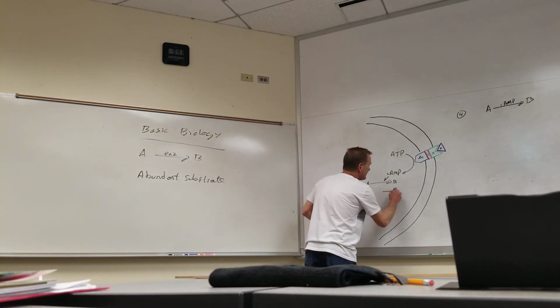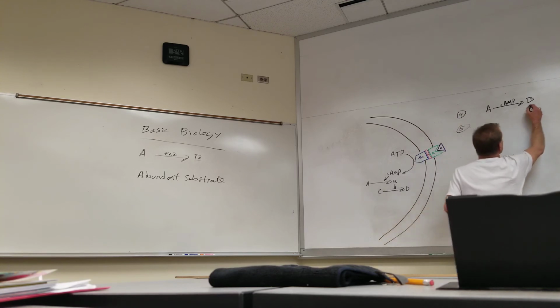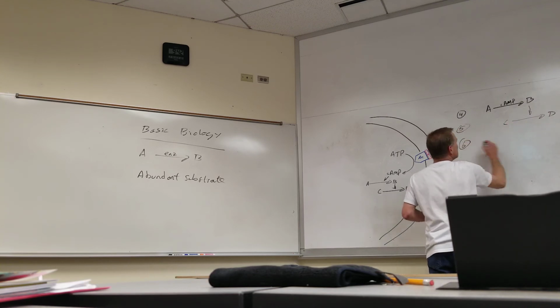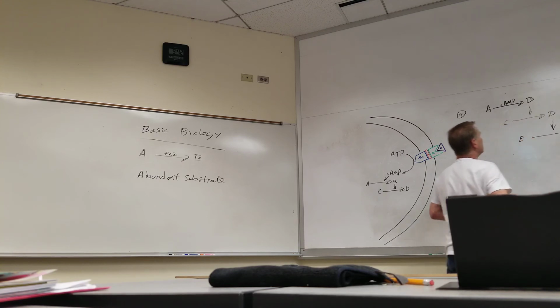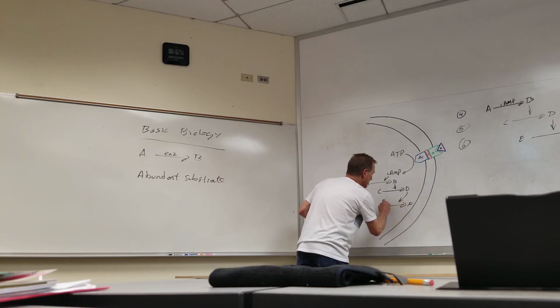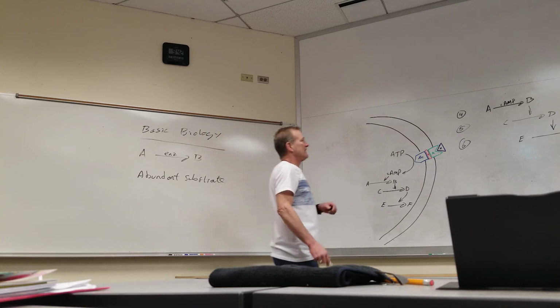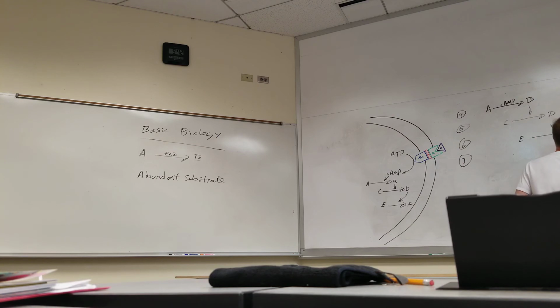In step 5, B is going to convert C to D. In step 6, D is going to convert E to F. In step 7, F is going to convert G to H.